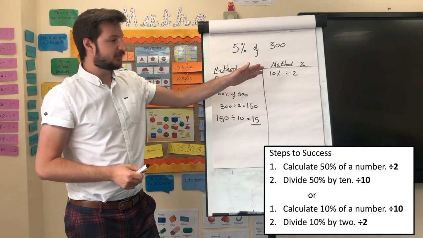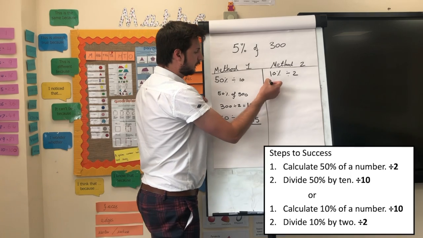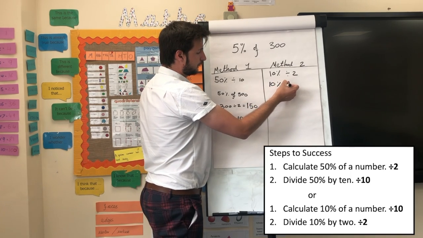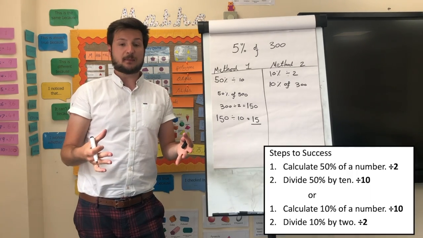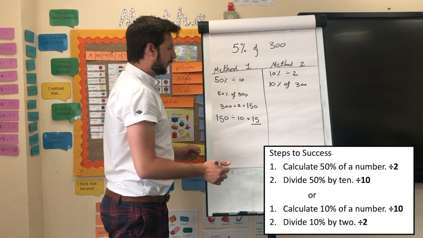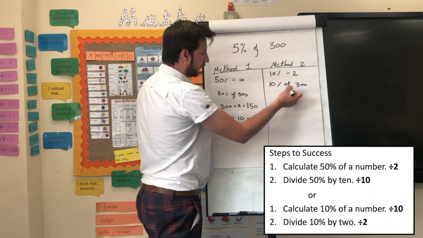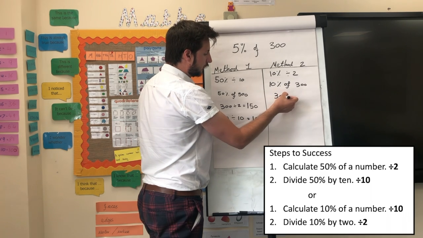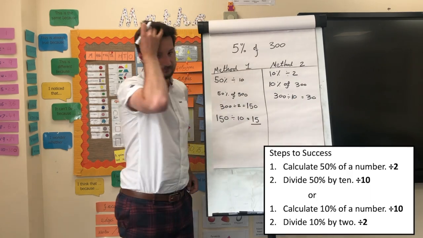The second way is to find 10% first, then divide by 2. So 10% of 300. How do we find 10% of a number? Well, 10% of a number we divide by 10. 300 divided by 10 is 30. So 10% of 300, 300 divided by 10 equals 30.